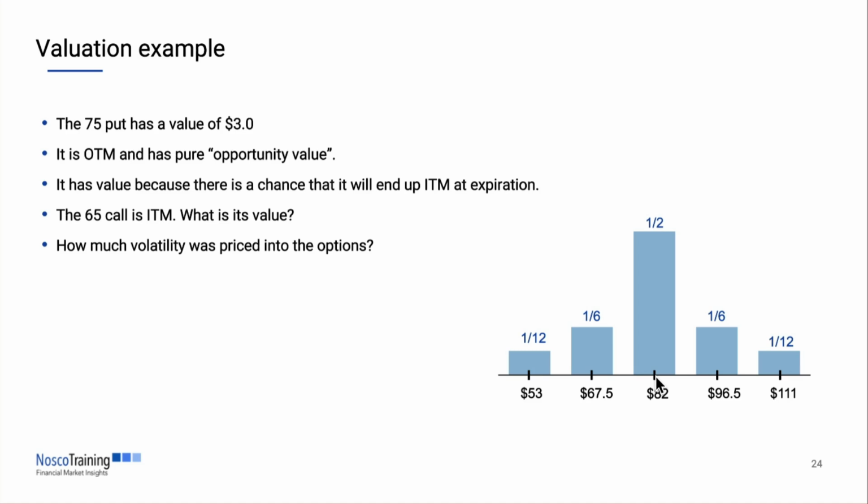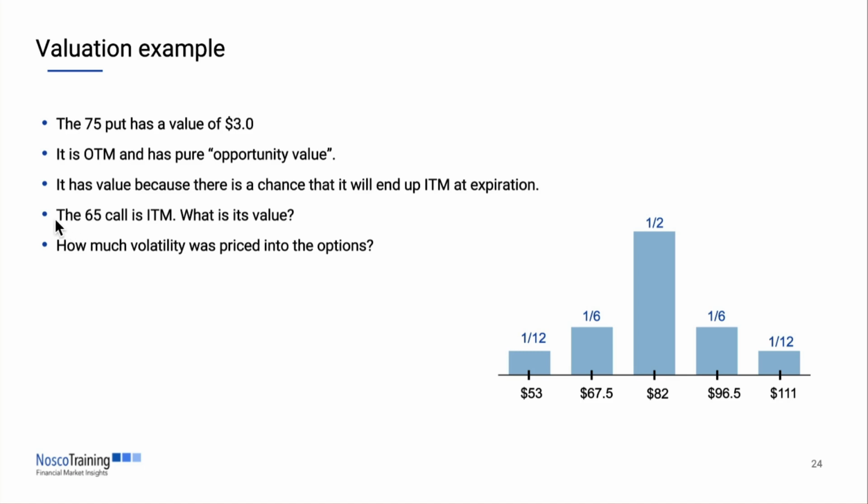The only reason why this 75 put has a value is that the market could move so much down that at expiry, the option ends in the money. So we are hoping that volatility is moving the stock price into the money of the option. At the moment, that's all it has. The only hope is volatility. That's why the 3 is purely volatility value.